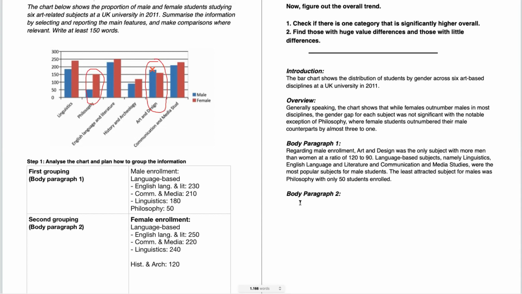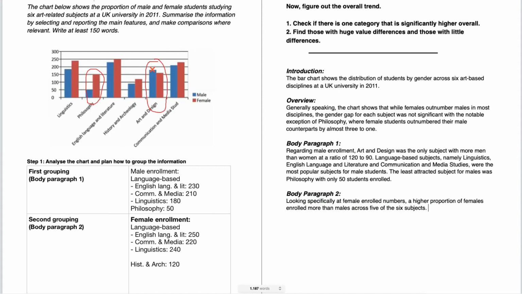And now we've got our body paragraph 2, which is just going to talk about our second grouping, which is the female enrollment. So I'm going to shift gears and say, looking specifically at female enrolled numbers, a higher proportion of females enrolled more than males across 5 of the 6 subjects.